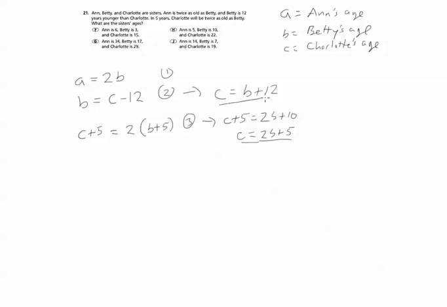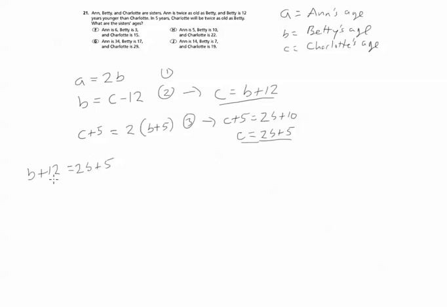Now, if C equals B plus 12, and C also equals 2B plus 5, then the transitive property says if this equals C and C equals that, then this equals that. Or B plus 12 equals 2B plus 5. Now I've got one equation in one variable, then I can just isolate that variable and solve for it.